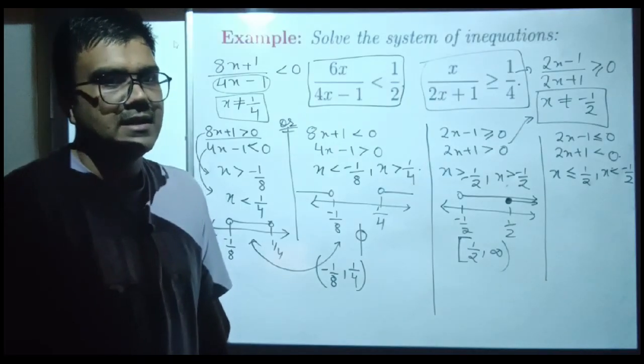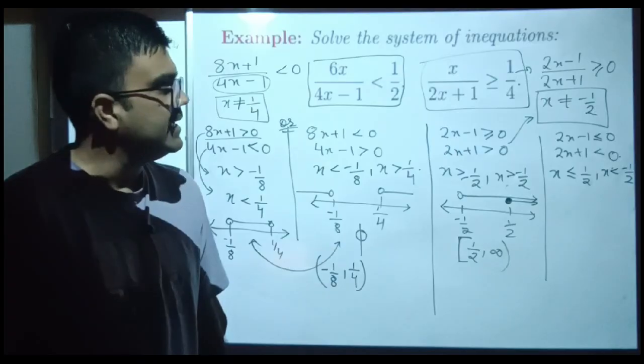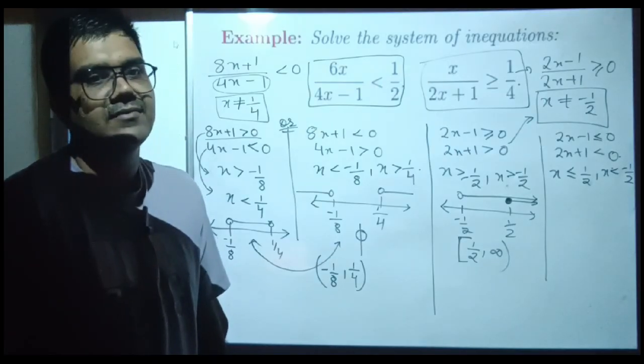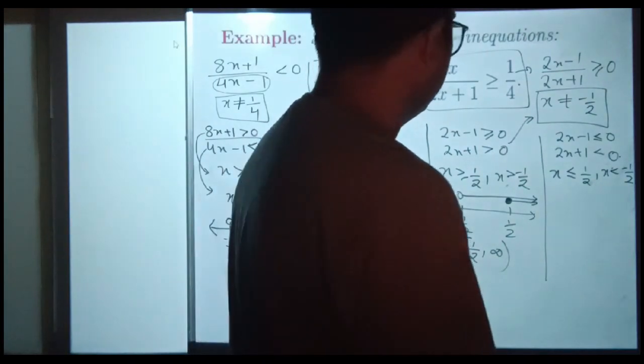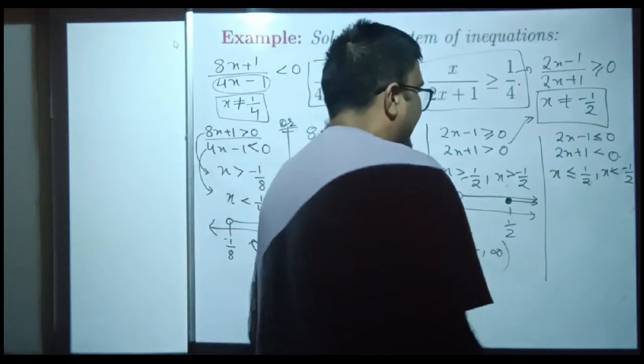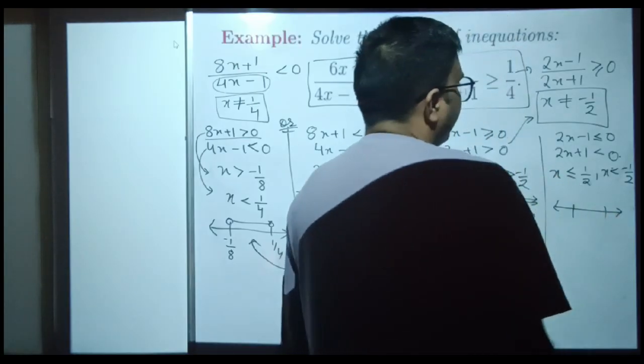We are saying x is less than or equal to 1 by 2, and second we are saying x is less than minus 1 by 2. So the answer in this case, we have points like this.